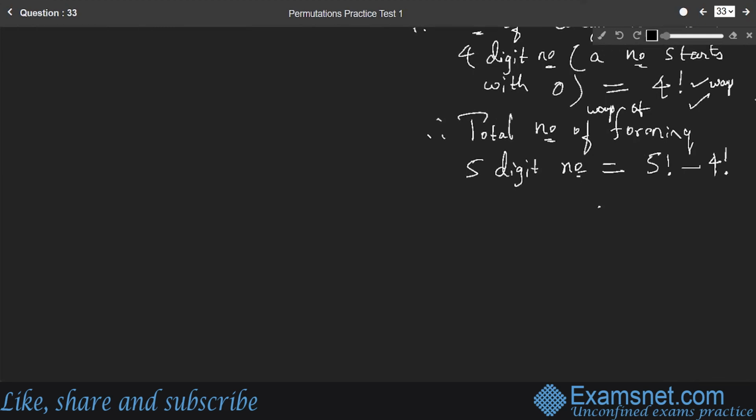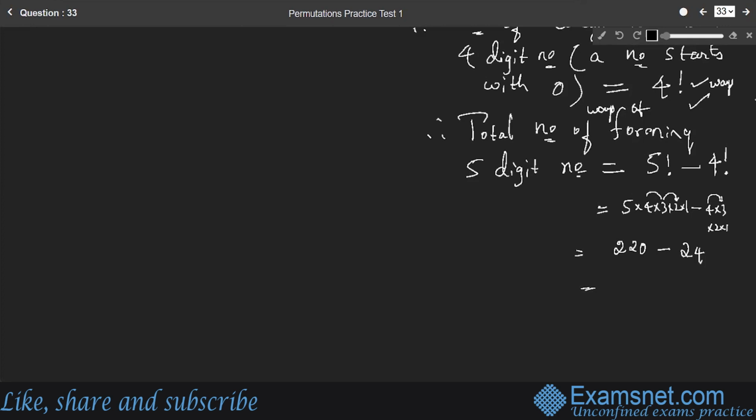So 5 factorial is 5 into 4 into 3 into 2 into 1 minus 4 into 3 into 2 into 1. So simplify it. It is 24 into 5 is 120 minus 4 into 3 is 12, into 2 is 24.